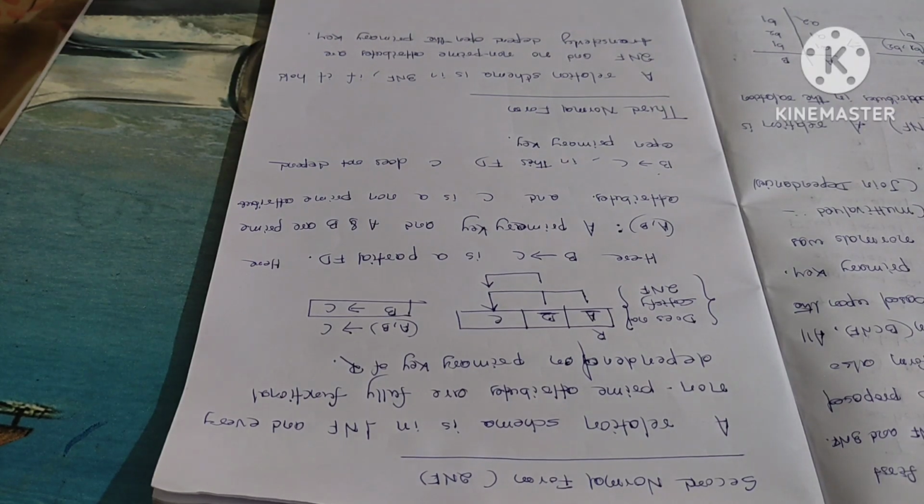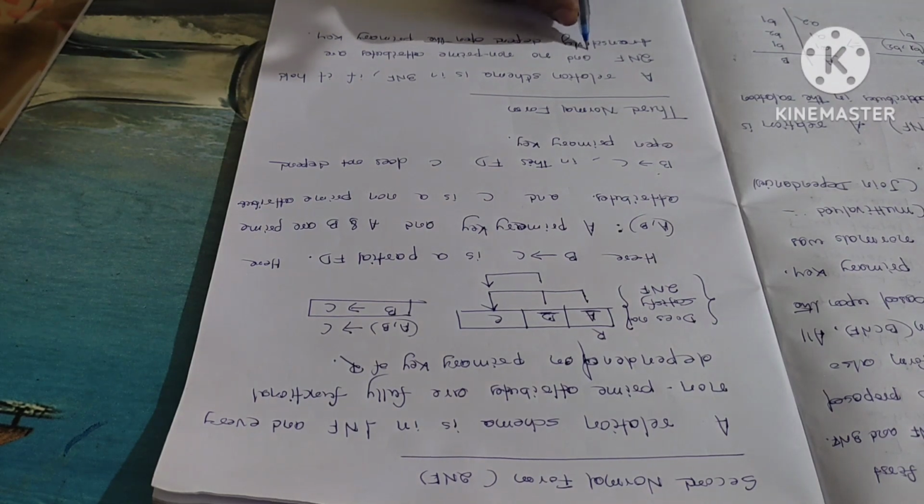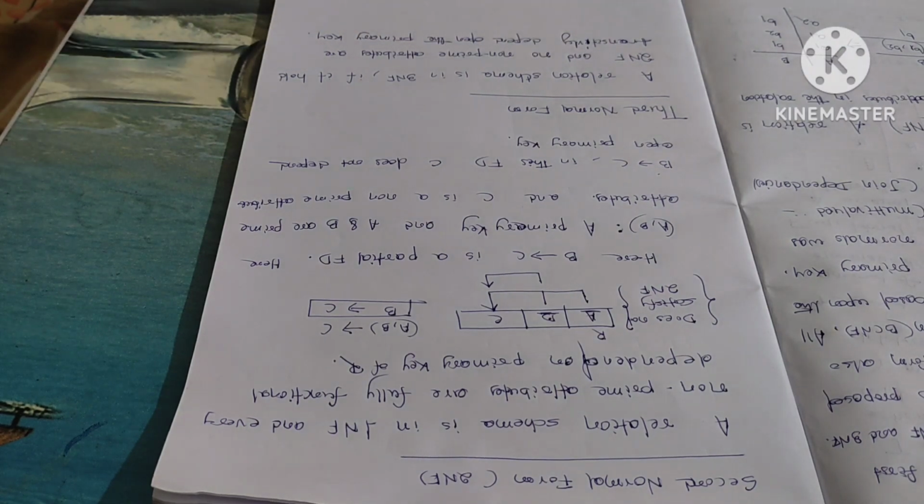If it holds second normal form and no non-prime attribute is transitively dependent upon the primary key.